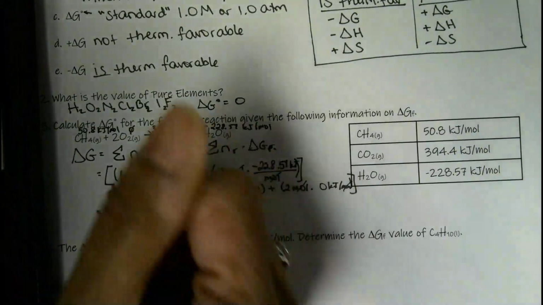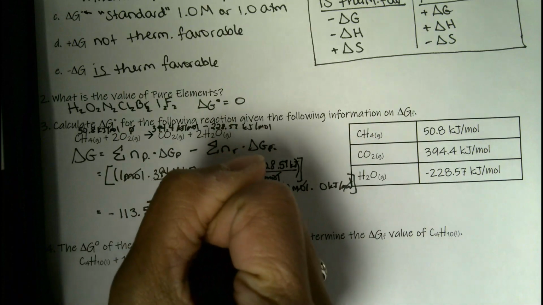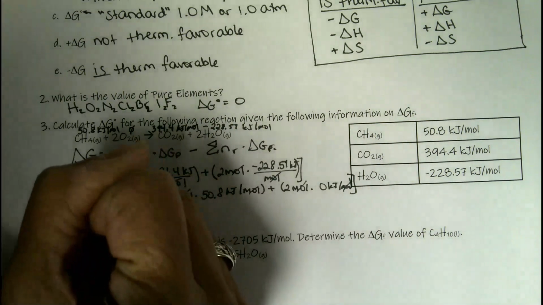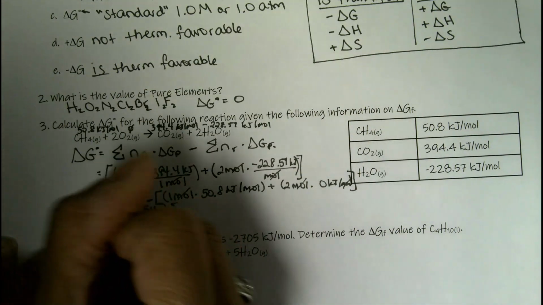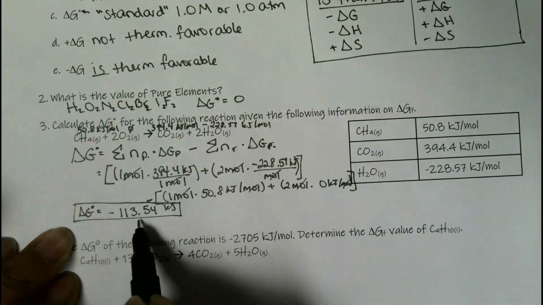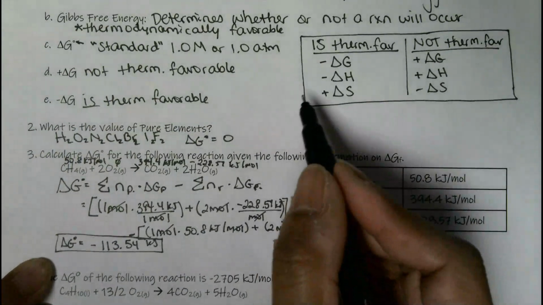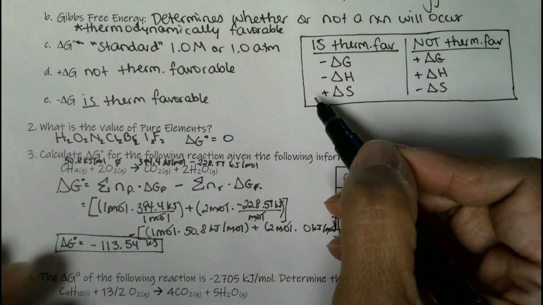So here I got negative 113.54. The unit is in kilojoules, so this is my delta G, and it's standard conditions formation. Cool. So I've calculated that, reminding myself that this happens to be thermodynamically favorable because it's a negative delta G value.